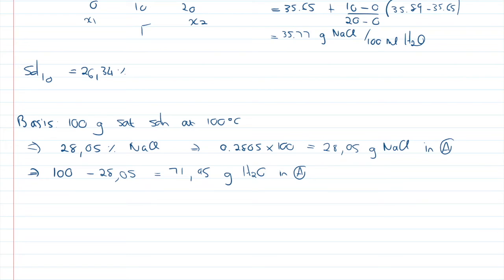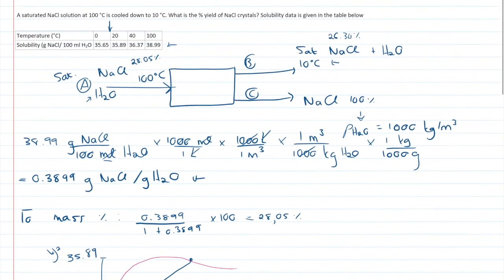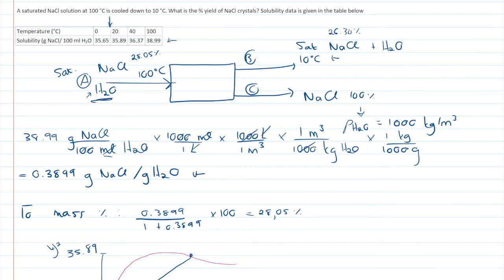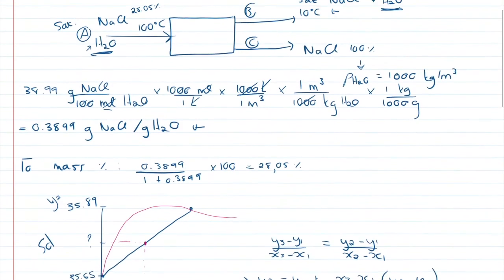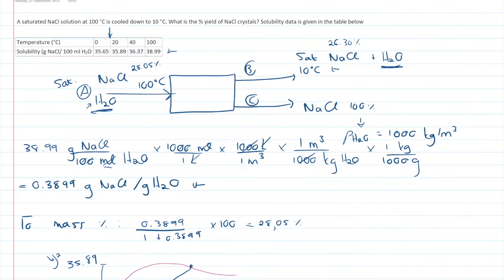Then we also know from looking at our flow diagram that all the water here went into stream B. So I already know that in stream B, there is 71.95 grams of water, which means the rest is then sodium chloride. I also know that in terms of percentage, we have 26.34% sodium chloride and the rest is water.